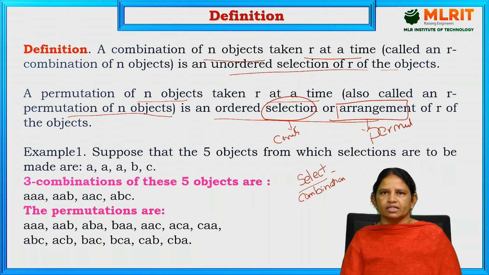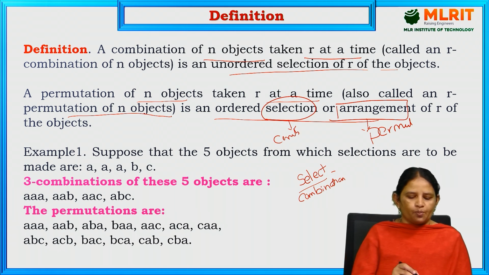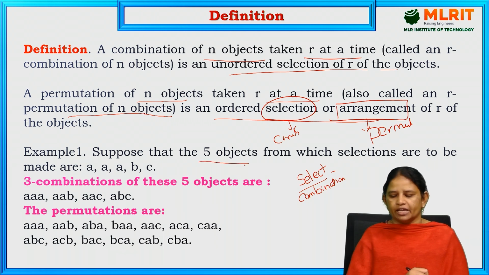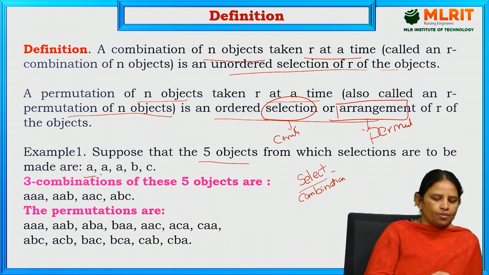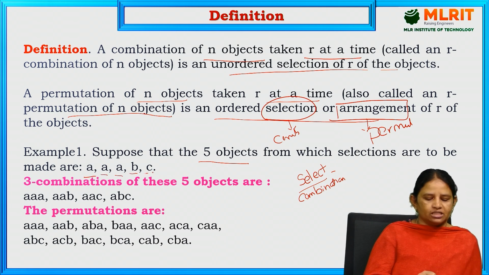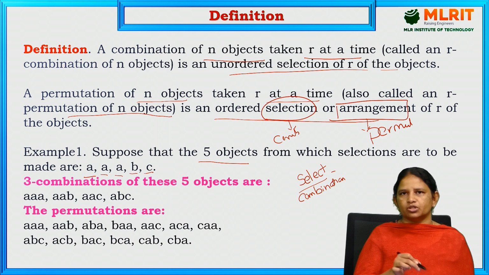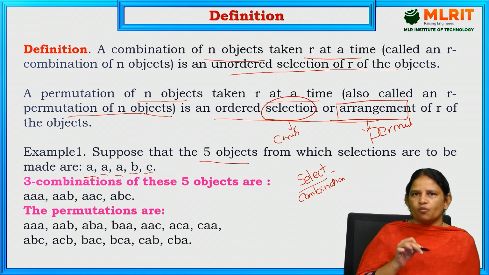So, we can understand with the help of an example. Suppose there are 5 objects, and the selections are to be made from A, B, C. How many selections are possible from these 5 objects?